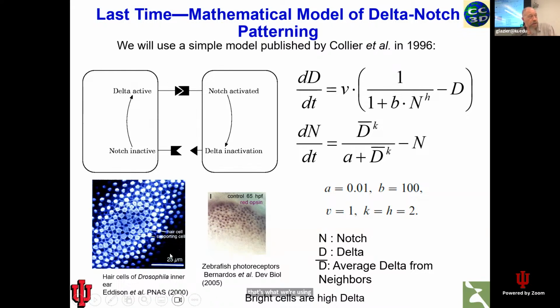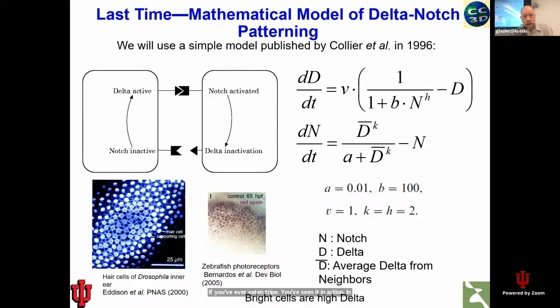And again, you can see that this is working in fruit fly. You see delta notch patterning. This is working in zebrafish. You can see delta notch patterning. In your stomach and gut, this is happening every day as the cells are replaced in the lining of your intestine. If you've ever eaten tripe, you've seen it in action.